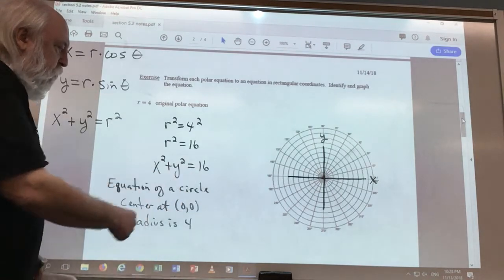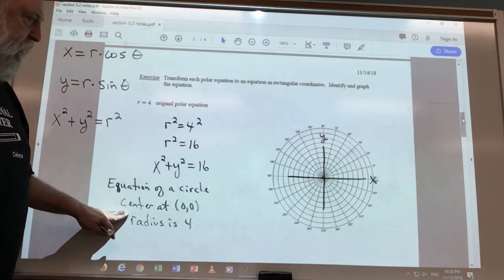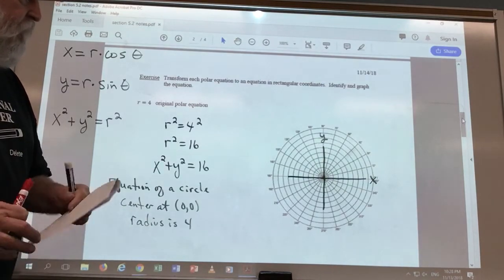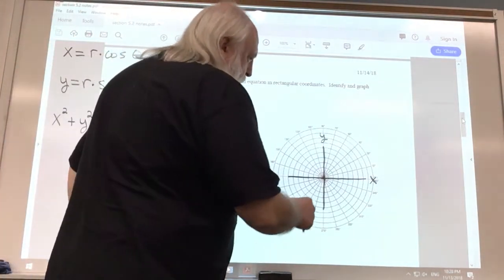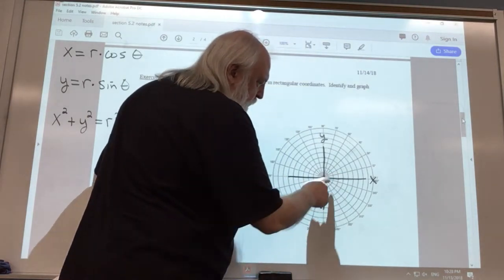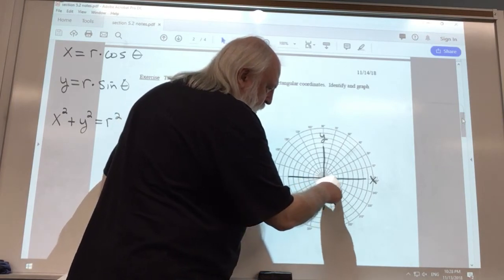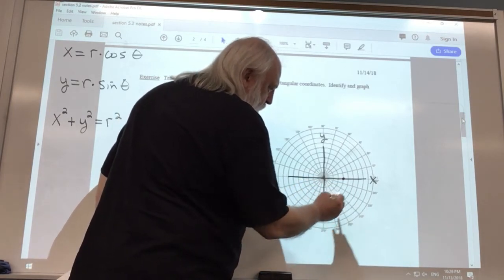So x squared plus y squared equals 16 is an equation of a circle with center at the origin with a radius of 4 units. If the distance between each concentric circle is 1 unit, then starting at the origin, I just go out 1, 2, 3, 4 circles to the right.